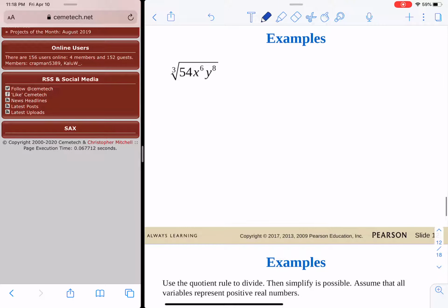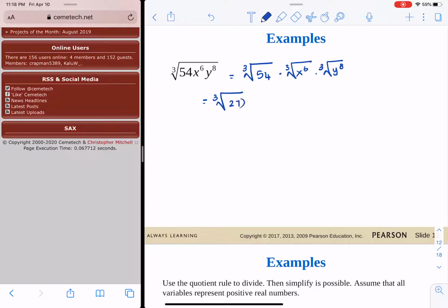And now we have a cube root, so the question is, could we write whatever term is inside the root in powers of 3? But before we do that, to make things easier, let us split the root. So could the square root of 54 be written in terms of a perfect cube?